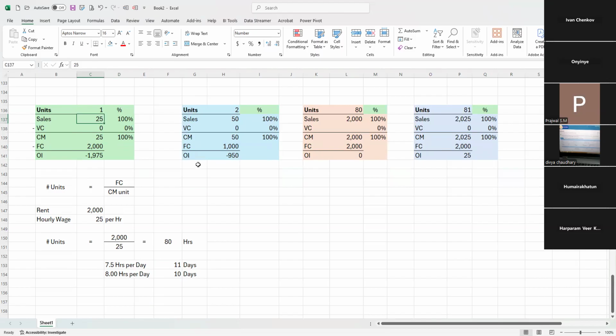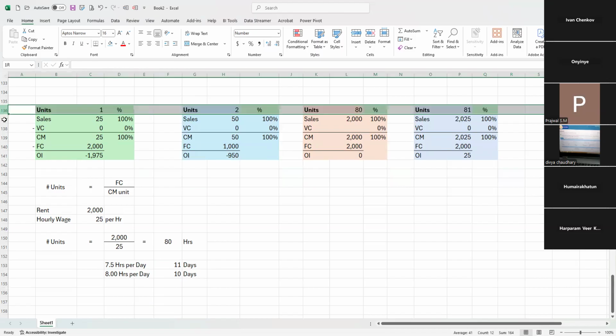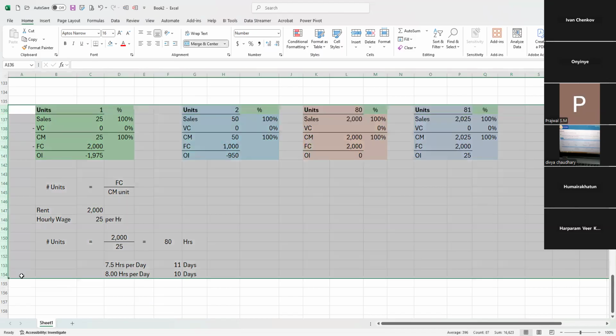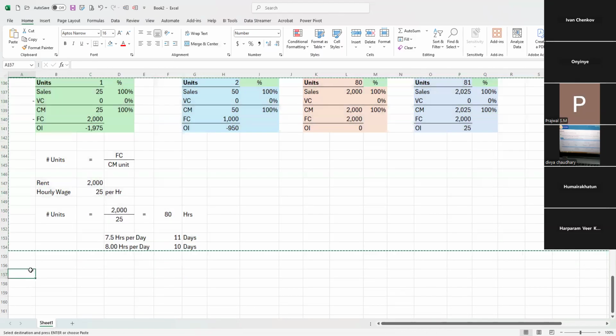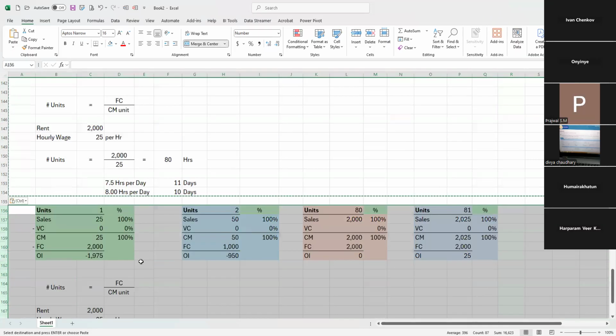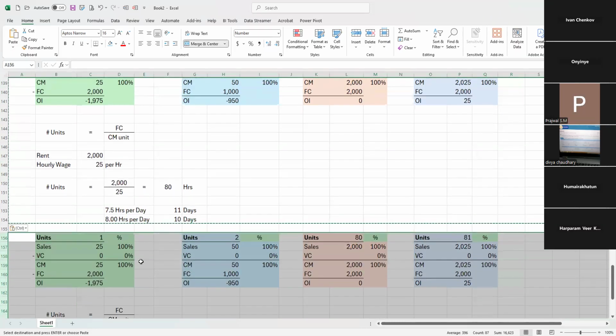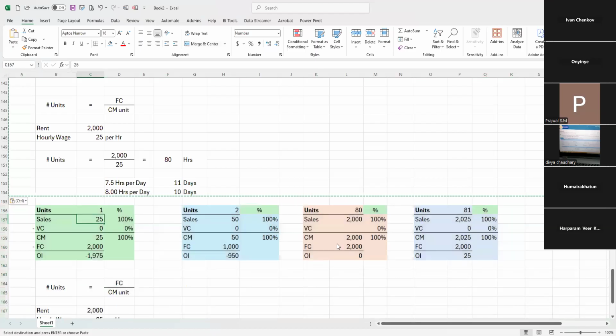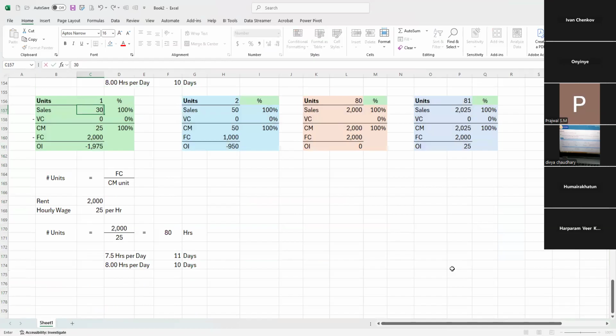So if you're getting $25 per hour, that's what's going to happen, correct? Let's see here. If your wage goes to $30 per hour, what's going to happen now? Where are we now?